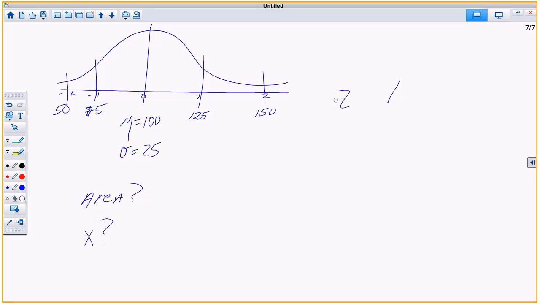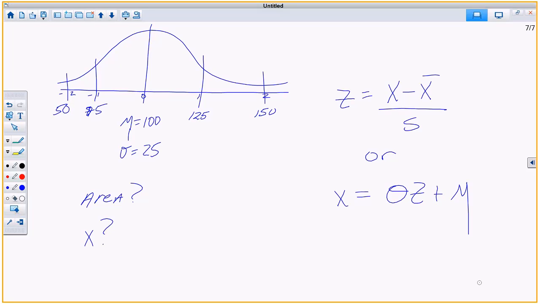Z is equal to X minus X bar over standard deviation, or X is equal to σz plus mu. Those are the two formulas that you have to memorize for the second part of chapter 7, or third part of chapter 7.